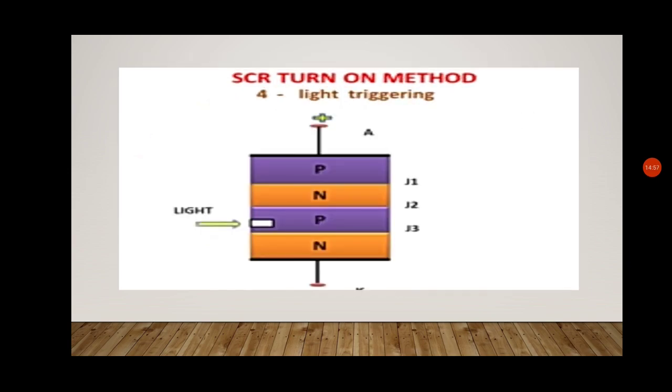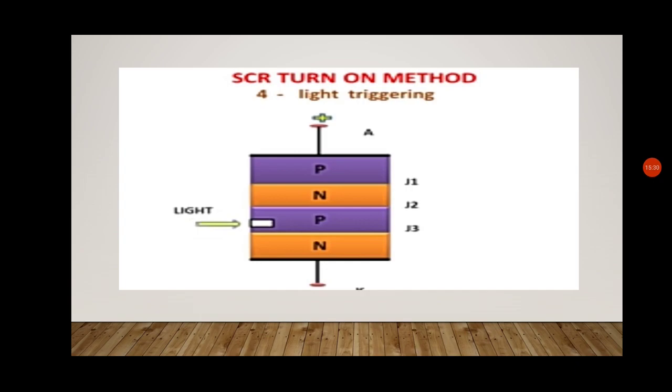Now the fourth or the last method is the light triggering method, and the SCRs which are turned on using the light triggering method, or when we make light fall on the SCR, are also called LASCR, that is light activated silicon controlled rectifier, or you can say light triggered thyristor, which are nowadays used in high voltage DC transmission systems.